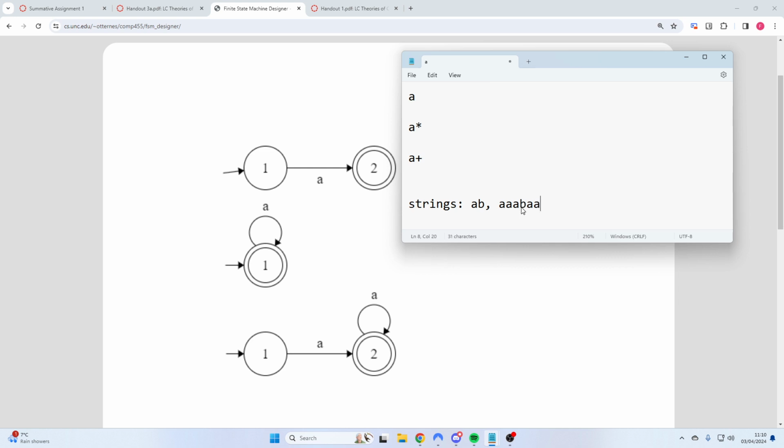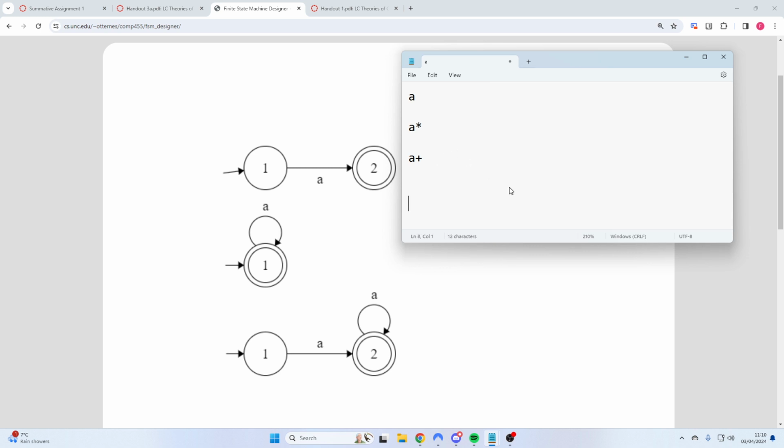Of course, if there's anything at the end that's not A's, then it's going to be rejected. And finally, A plus, one or more, is going to accept everything similar to this one, just not nothing. That wouldn't be accepted. That's the only thing which A star would accept that A plus wouldn't. And of course, this would reject both if there's a B or something.